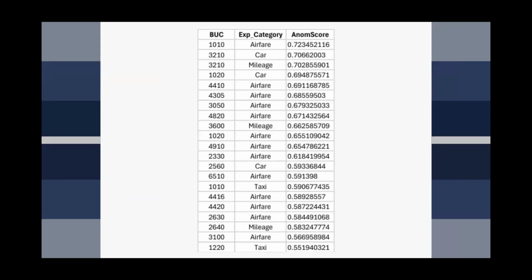We then filtered for all the anomalies that were greater than 50% because we thought that anything below that threshold was insignificant. This is a snippet of the business units and expenses that had an anomaly score of more than 50% from the year 2022, which was our testing data.